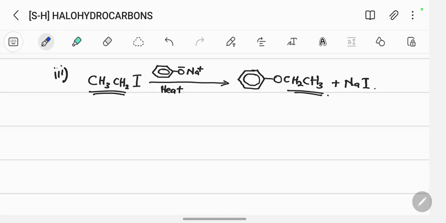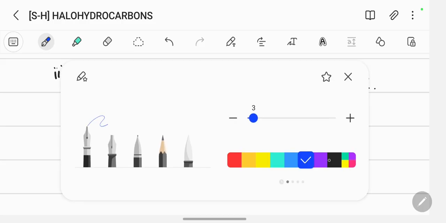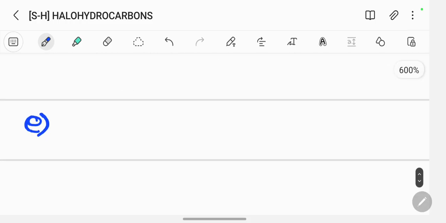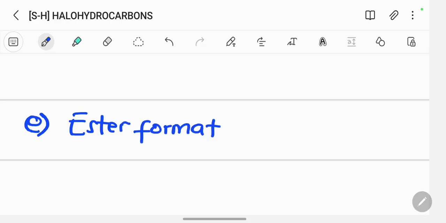I'm moving on to something else, and that is ester formation as my reaction E. I'm going to call it ester formation.